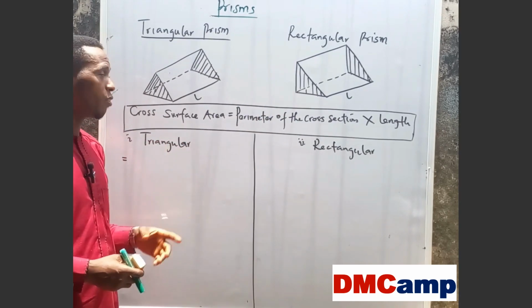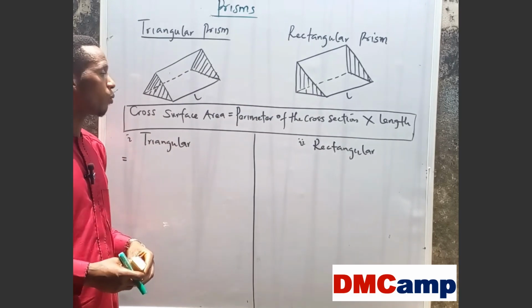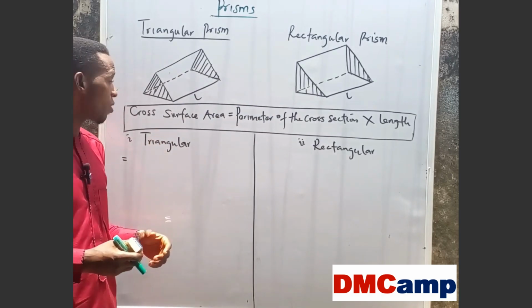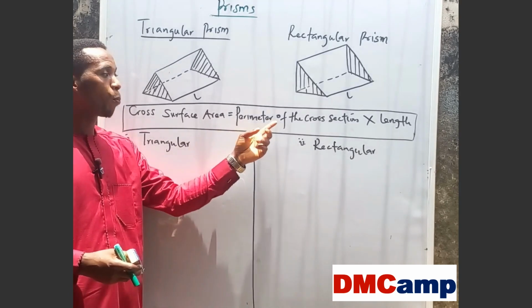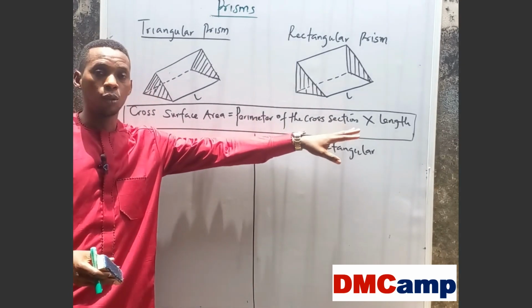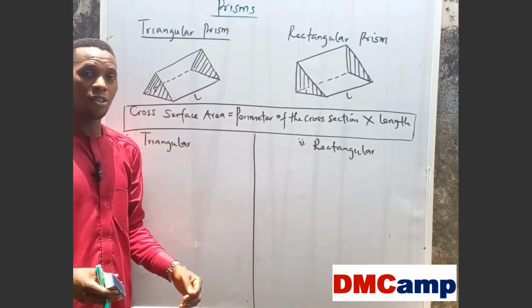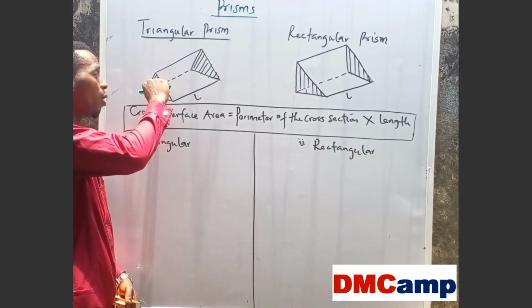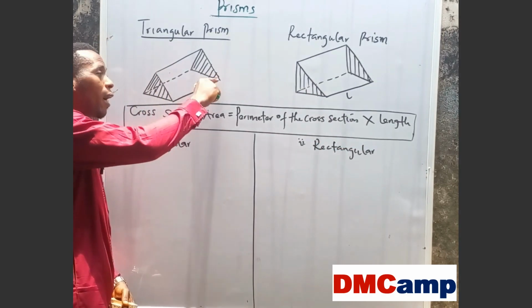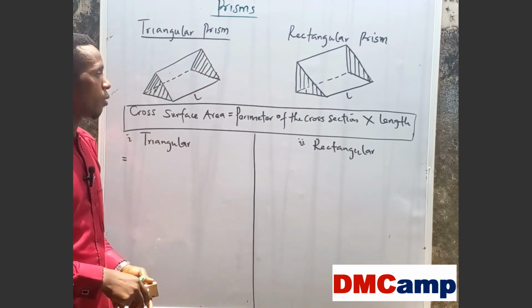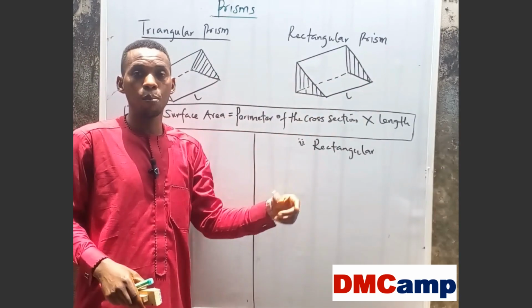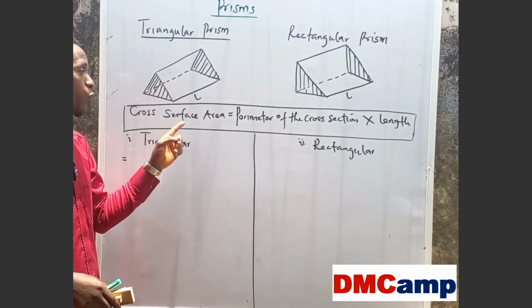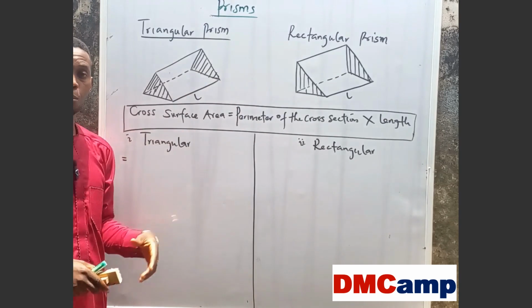Now, the formula simply says that cross surface area is equal to the perimeter of the cross section multiplied by the length. The perimeter of the triangle multiplied by the length. The perimeter of this right angle multiplied by the length. We give you the cross surface area of the prisms.